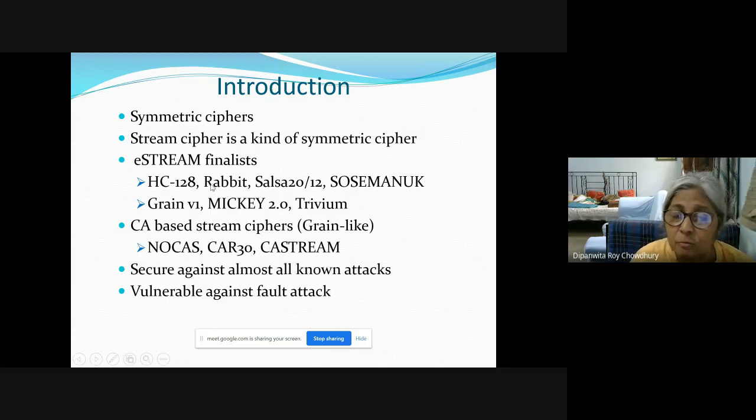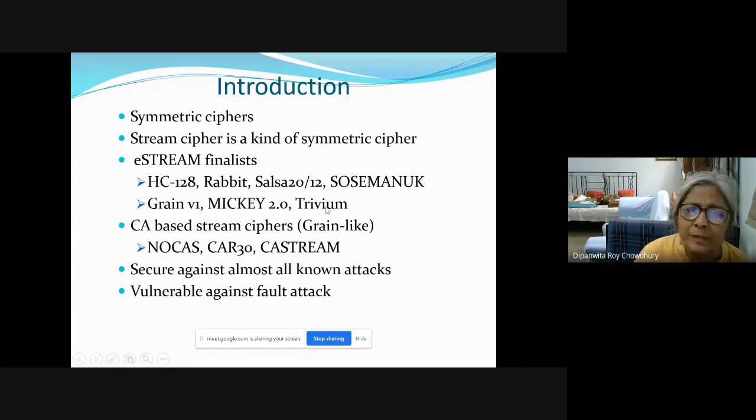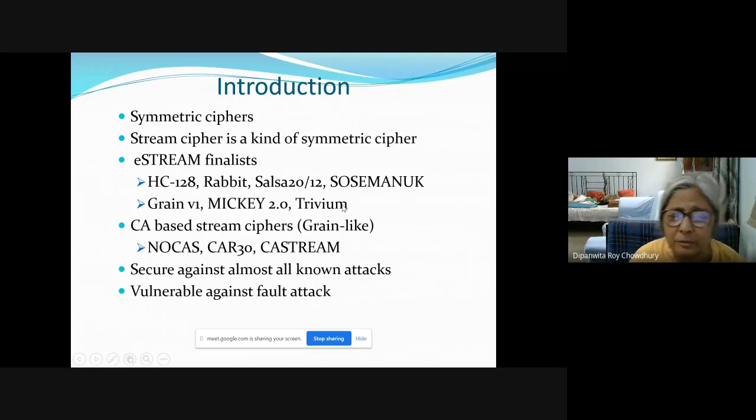That means they are well suited for software applications. And Grain version 1, Mickey, and Trivium: mainly these 3 are hardware based. And today our main topic is Grain. Trivium is almost out, because we have done a lot of work on it, and other people have also done. So now people are not using Trivium. Grain and Mickey have actually become standard.